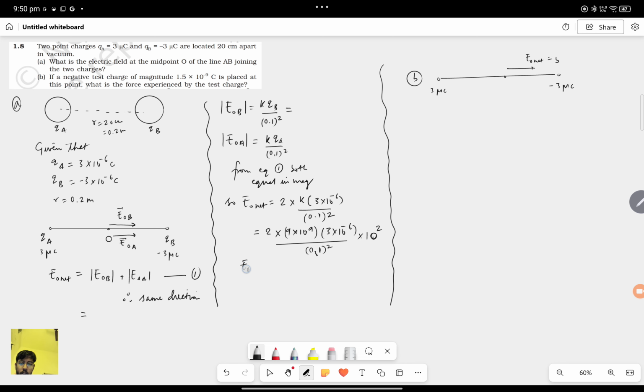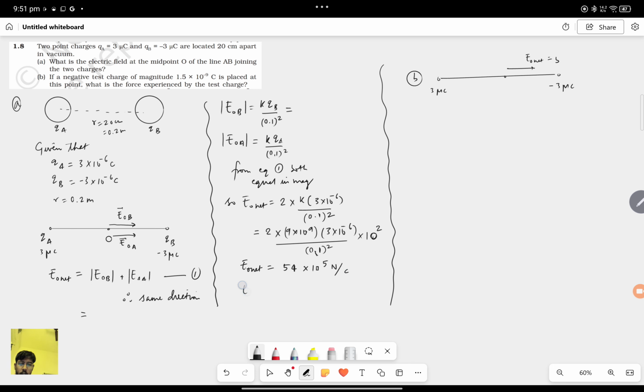EO net is equal to 54 into 10 to the power, there we are getting 2, so that is 11, and we are getting 10 to the power 5 Newton per Coulomb, right?